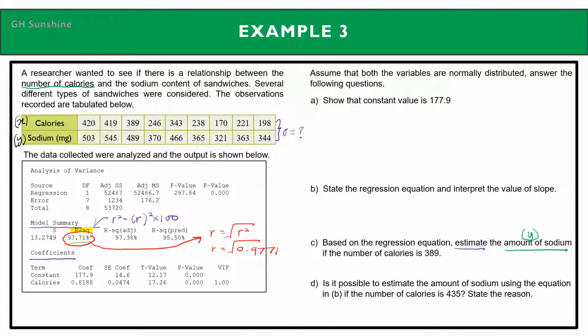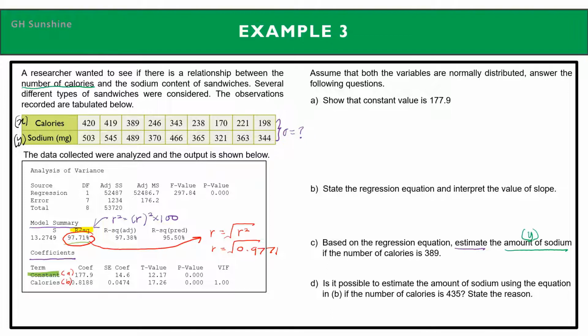Okay. So next here, you want to focus on the coefficients. So coefficients here, there are two terms. So first one is constant. Constant known as y-intercept. So this one is A. Meanwhile, the independent variable here, calories, denoted the B value.